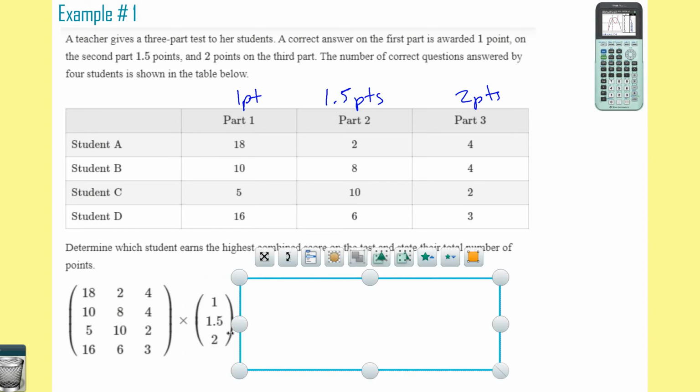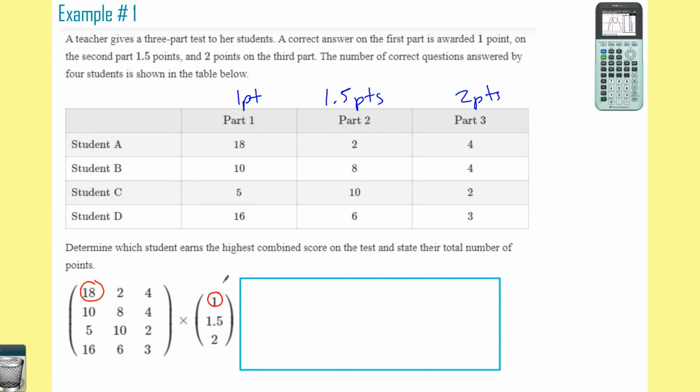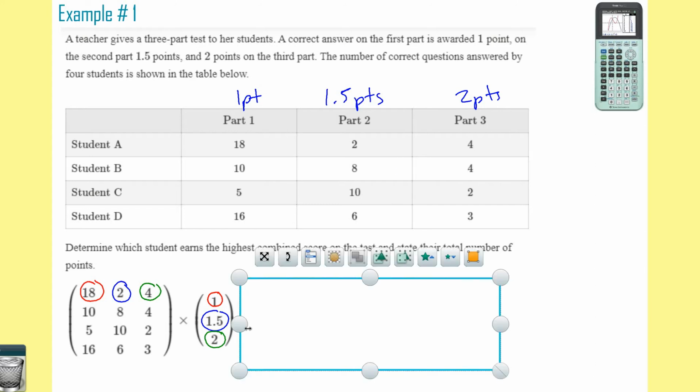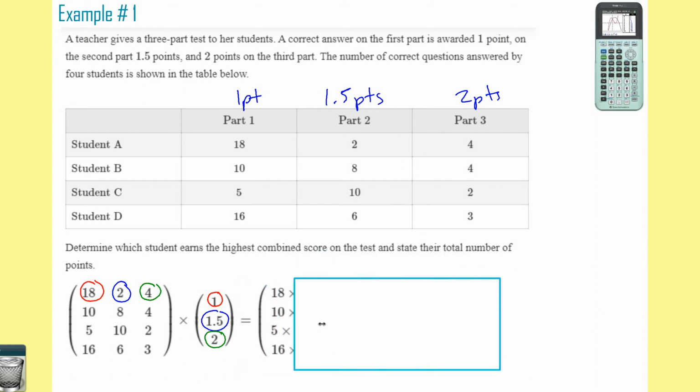I'm listing it in order like this, because when I multiply, I'm going to take 18 times 1, and then 2 times 1.5, and then 4 times 2, and I'm going to add those together, and that's going to be my new element.